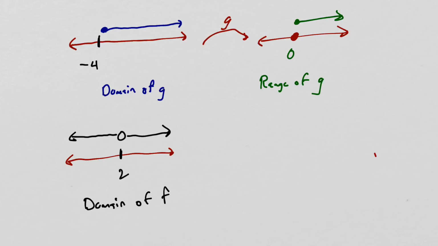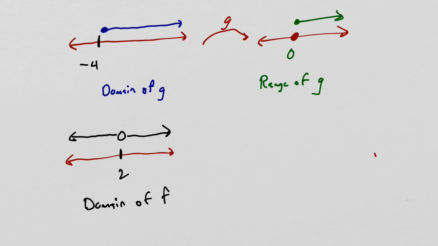And now all we have to do is find the intersection between the domain of our function f, which is given by this number line here, and where it intersects with the range of our function g here. So the range of g is going to be all real numbers from 0 to infinity, and the domain of f is going to be all numbers except for the number 2.